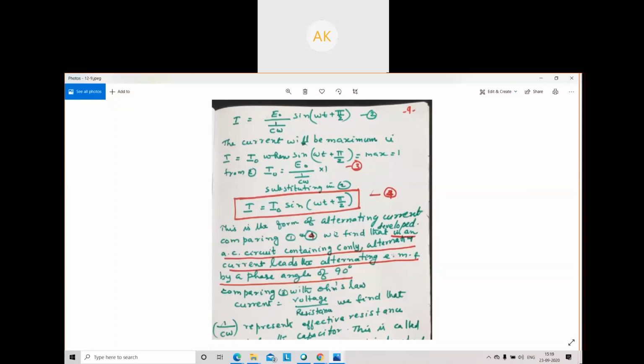This is the form of alternating current. Comparing equations 1 and 4, we find that in an AC circuit containing a capacitor only, the alternating current leads. If it is plus, it leads; if it is minus, it lags. Inductor current lags. Capacitor current leads by a phase angle of pi by 2. That is what we have seen now.